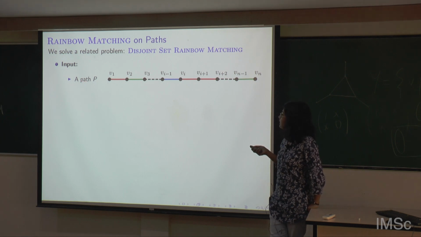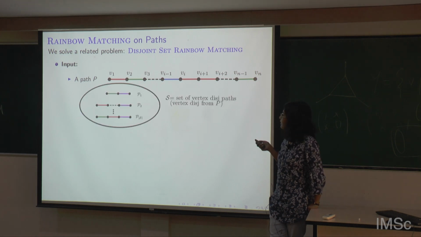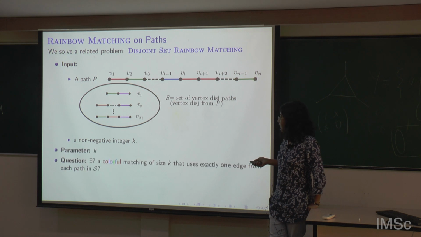In this problem you are given a path, with colors on the edges, and you are also given a set of paths that are mutually vertex disjoint, and also vertex disjoint from the path P. Again we are given a non-negative integer k, and we ask: does there exist a colorful matching which takes exactly one edge from each of these paths, and some edges from the path P, such that the size of the matching is at least k?